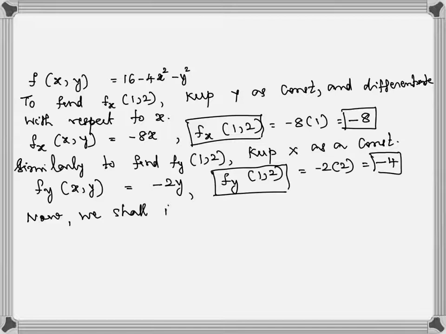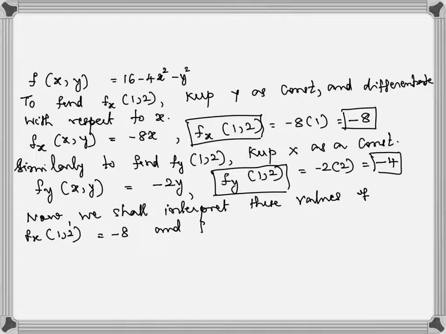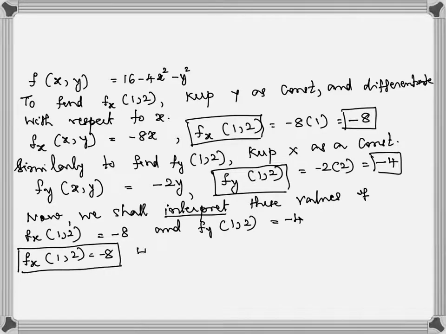Now we shall interpret these values: fx at (1, 2) equal to negative 8, and fy at (1, 2) equal to negative 4. fx at (1, 2) equals negative 8.